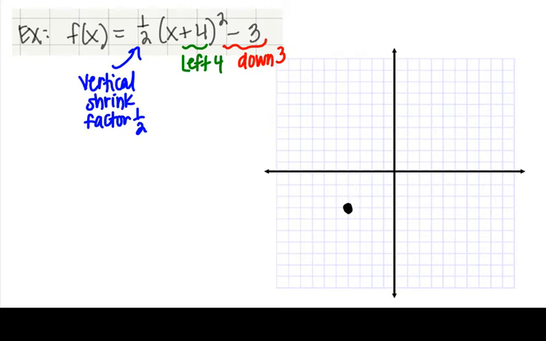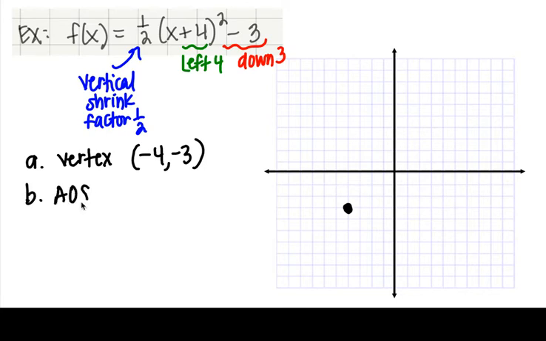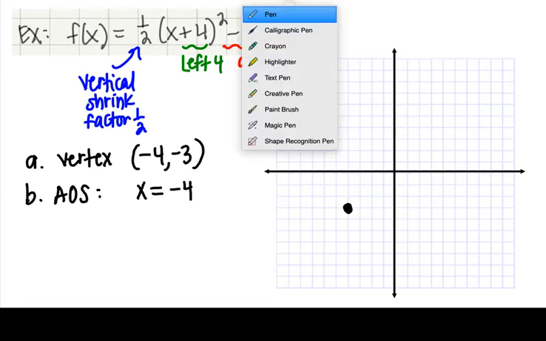So our vertex, which is the first thing that we need to find, that's our A. The vertex is -4, -3. The second thing we need to find is the axis of symmetry. The axis of symmetry is an equation of a vertical line that goes through the vertex.